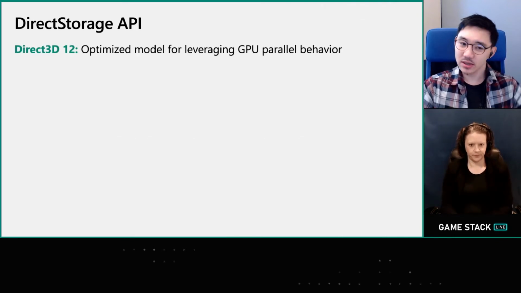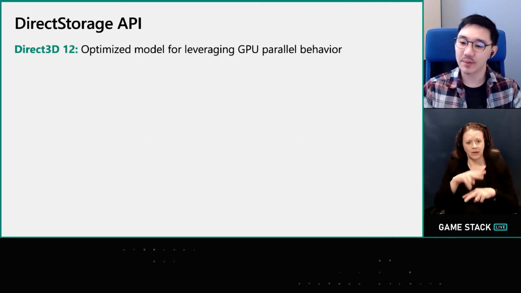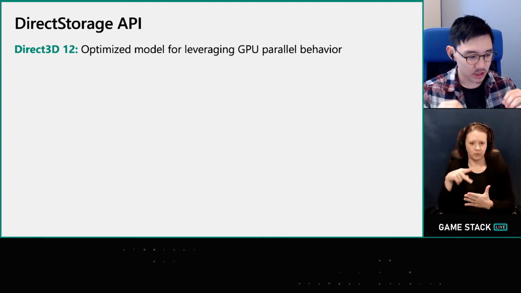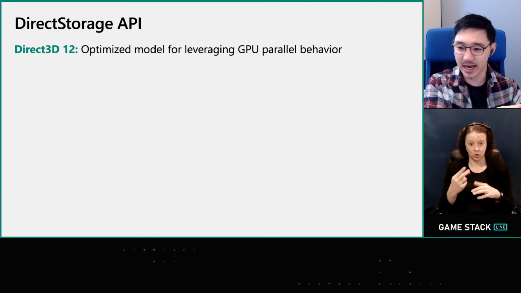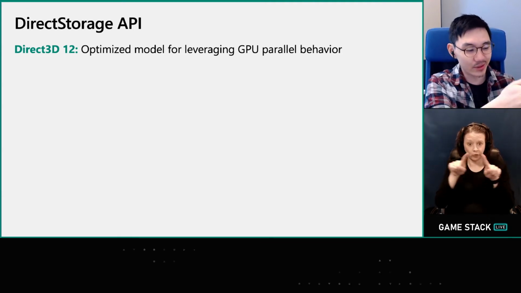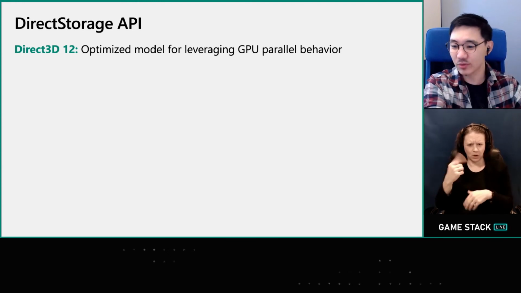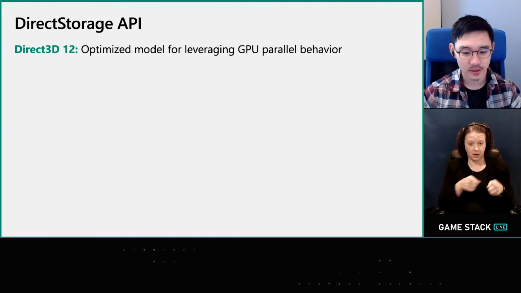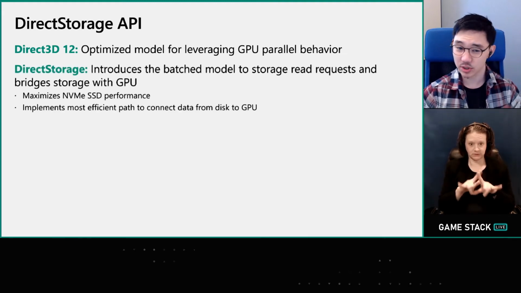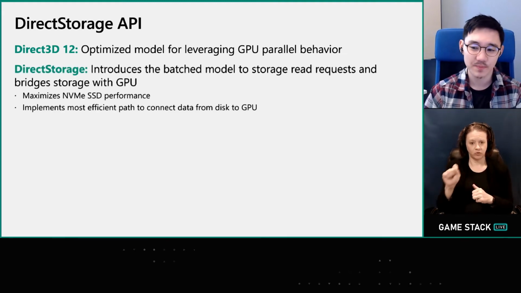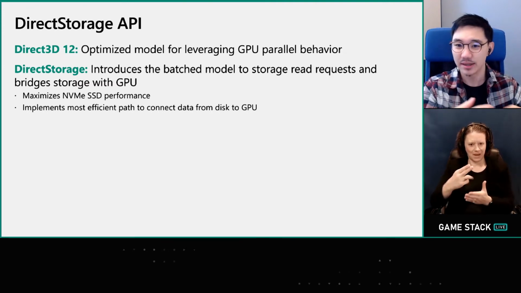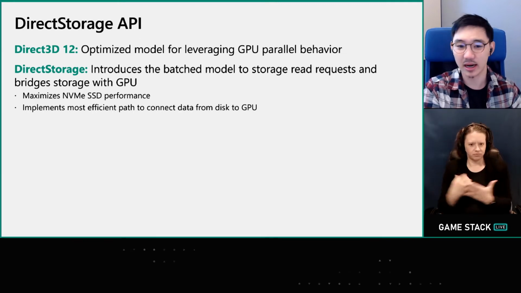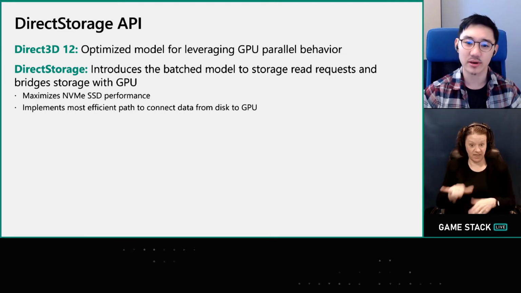And so if you take a look at D3D12, this is the optimized model for leveraging GPU parallel behavior. When you use a GPU, you don't draw one triangle at a time. It's not like you're saying, draw this triangle, then that one, that one, then that one. You actually send it a whole bunch of work to do, and it manages to do it in parallel very, very quickly for you. DirectStorage introduces that same batched model, the same idea of leveraging the parallel behavior of the system and hardware.